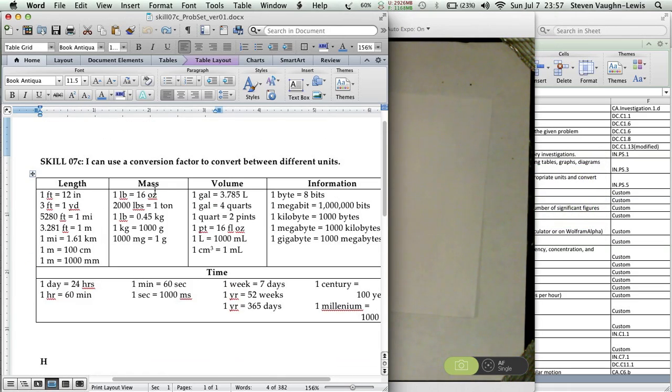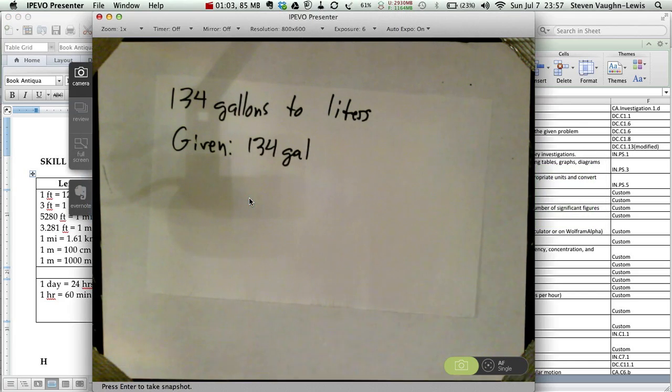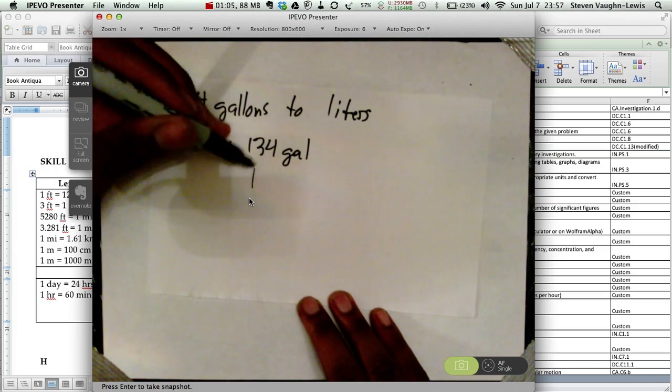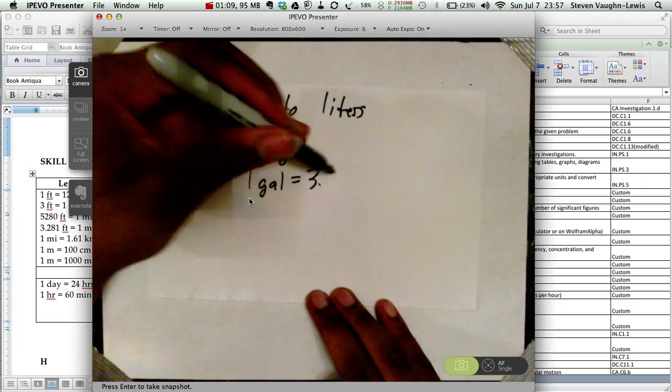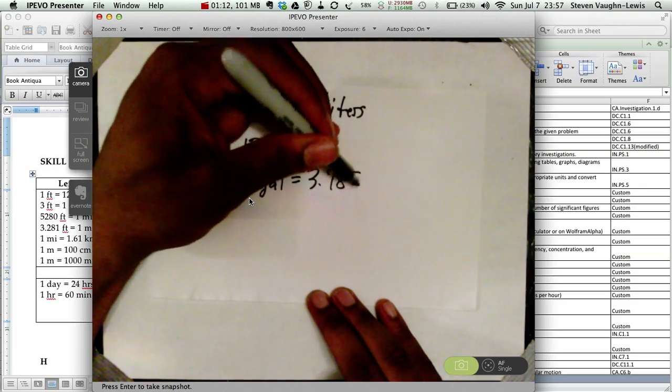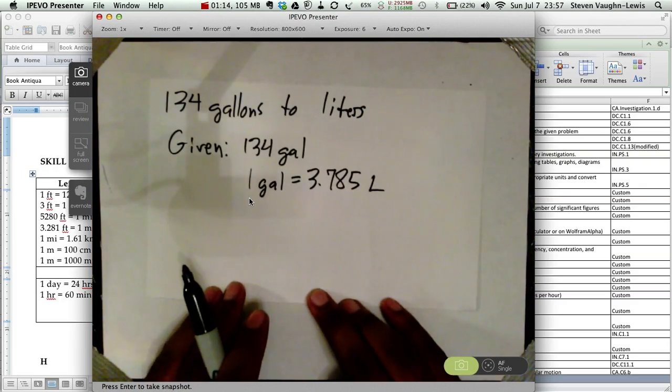They're both measurements of volume, how much space something takes up, and 1 gallon equals 3.785 liters. That's given to us.